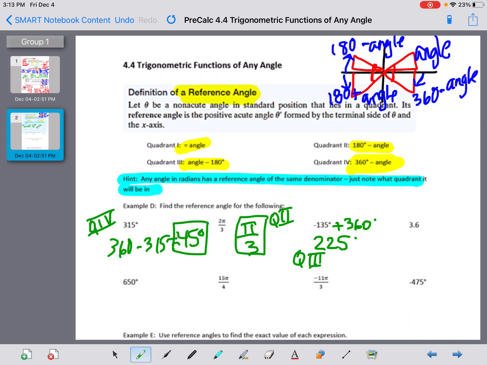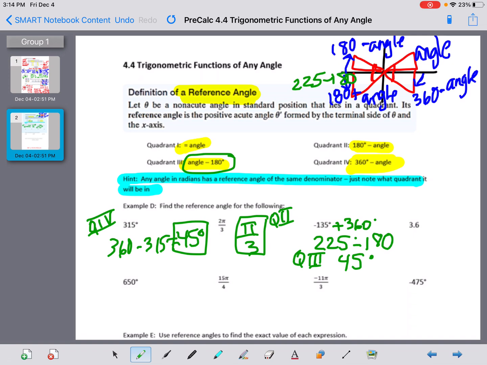My angle is already big, so what I need to do, and I didn't stress this very well, is take the angle minus 180, because I want to figure out how far away I am from the line. I'm sorry, I did not explain that well earlier. And it looks like I'm back to 45 degrees. So 45 is where I'm going to get the values from, and then I have to think, I'm in quadrant 3, so what sign goes with them?